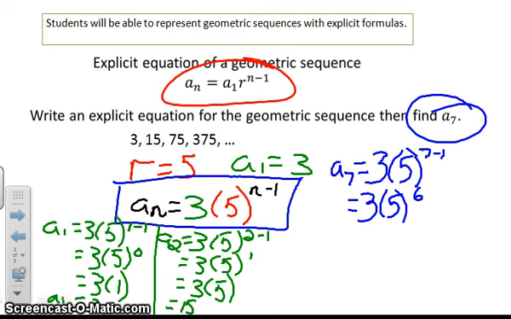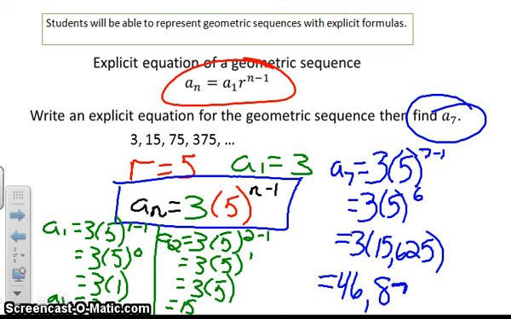All right, so 5 to the power of 6 is 15,625. And multiply that by 3 is 46,875.